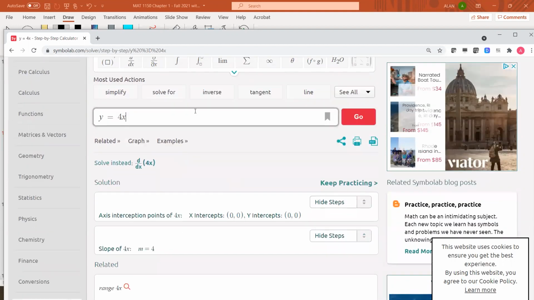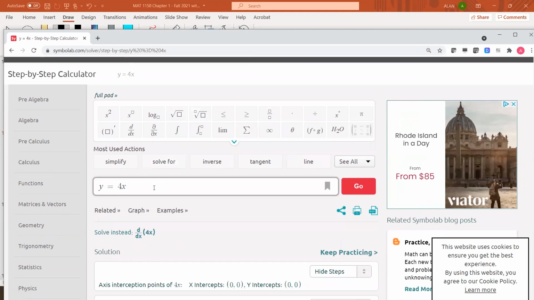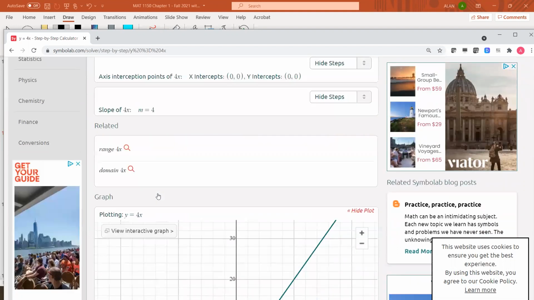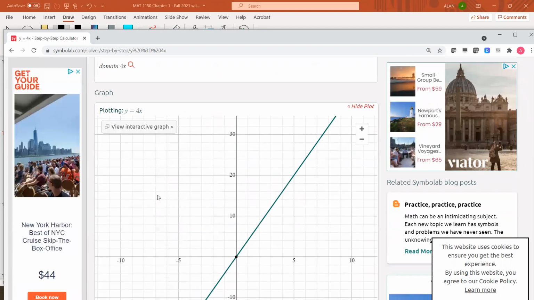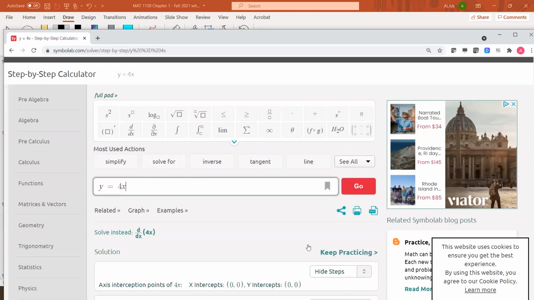I'd love to be able to show them both to you on the same graph, so you can see how they're related to each other. I just don't know if that works on here. There's y equals 4x. Geez, let me see if I can do some research on Google.